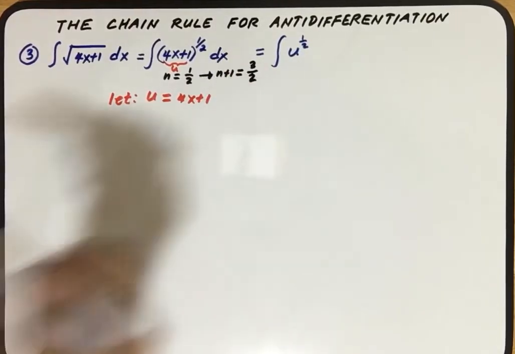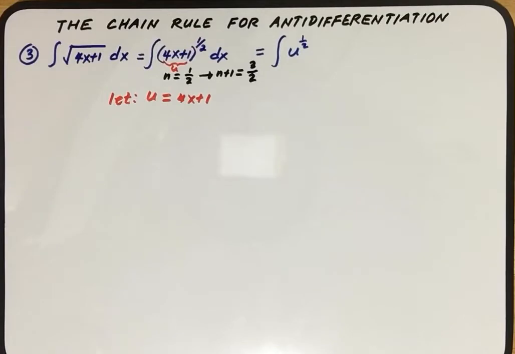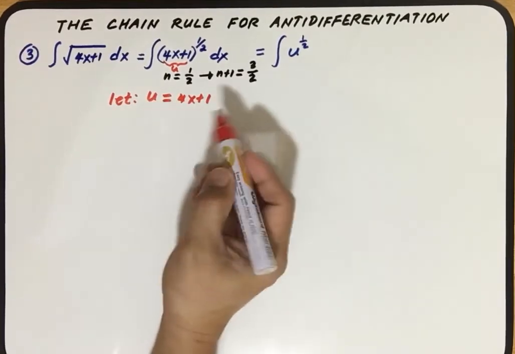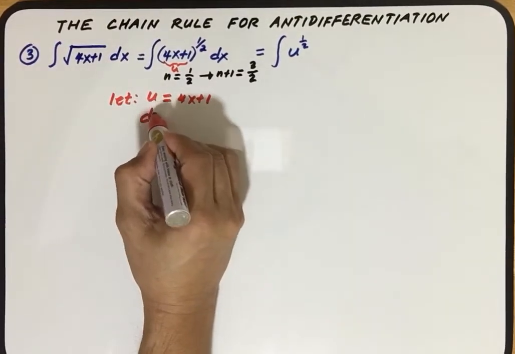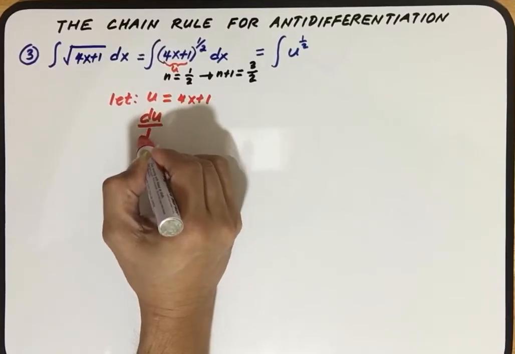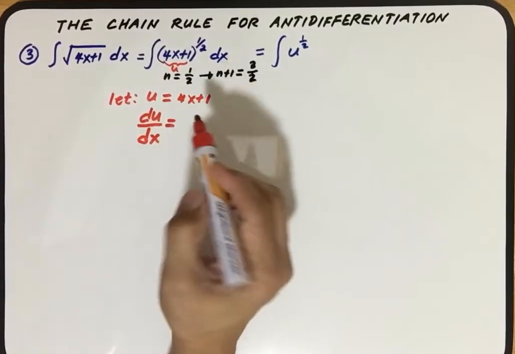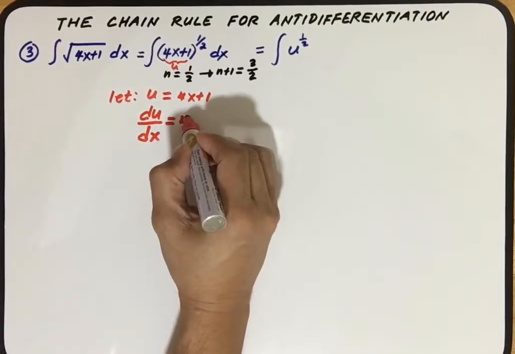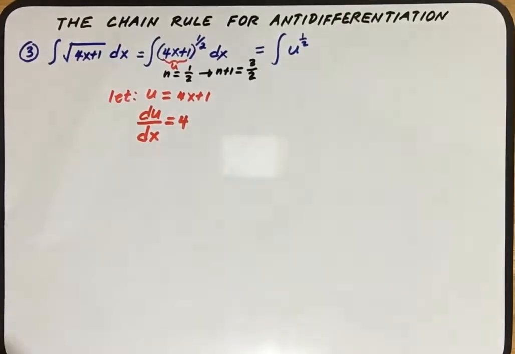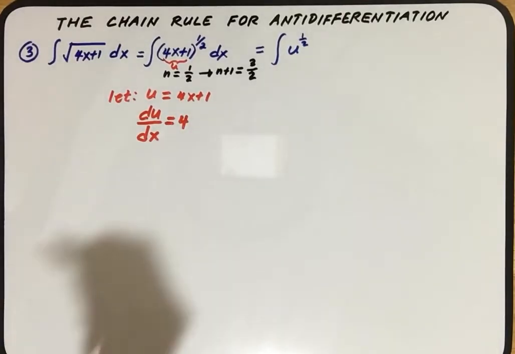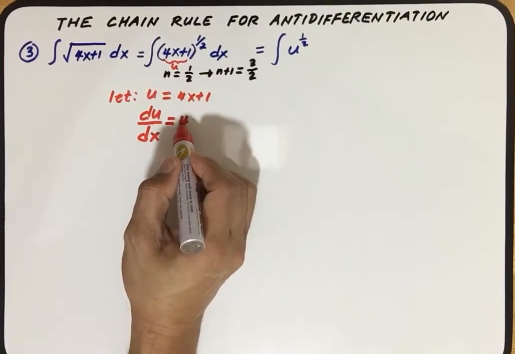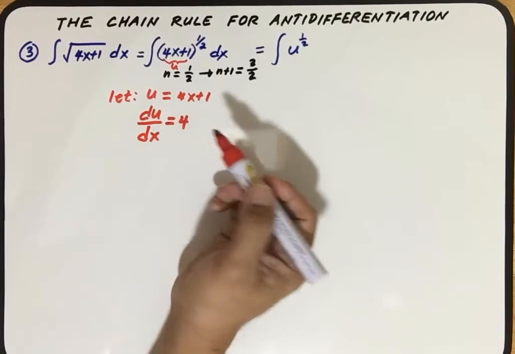Okay, so where do we get dx equal to something that contains du? That will be taken from here. We let u equal to 4x plus 1. So when you take the derivative of u with respect to x, the derivative of 4x is simply 4, and the derivative of 1 is 0. So the derivative of u with respect to x equals 4.